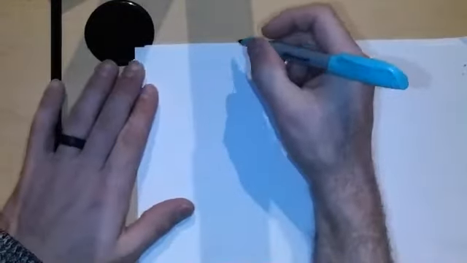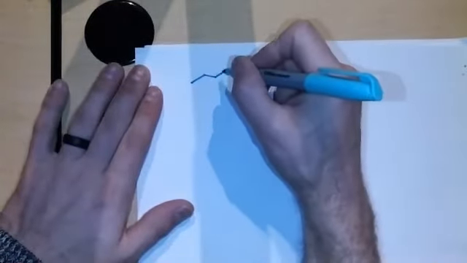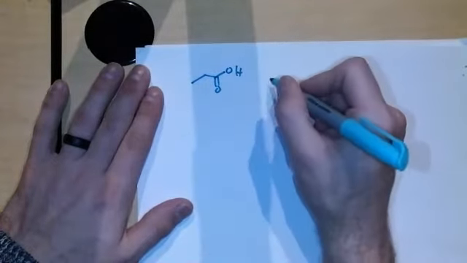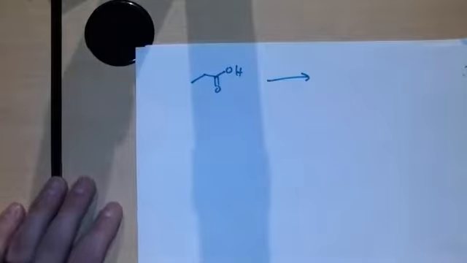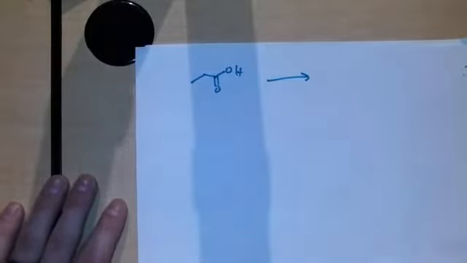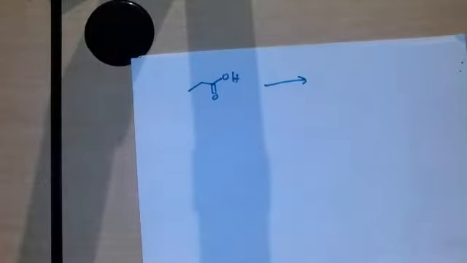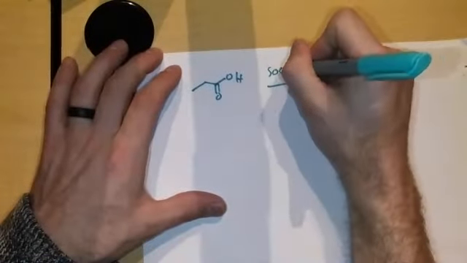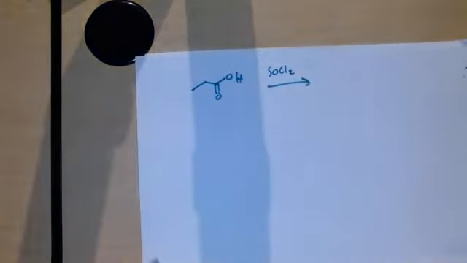If I take propanoic acid here and I throw in SOCl2, this is going to allow me to make what's called an acid chloride.